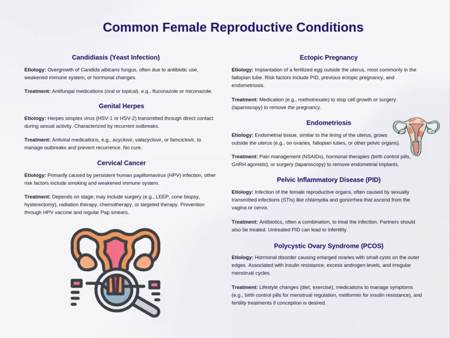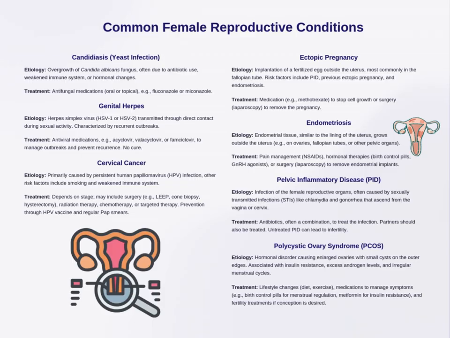And then cervical cancer, which is primarily caused by the human papillomavirus or HPV, which is a sexually transmitted infection. It is really common. I actually have a slide later on that. But depending on the stage, if it's precancerous cells, they may just follow up with it. They may do cryo, where they freeze the cervix.